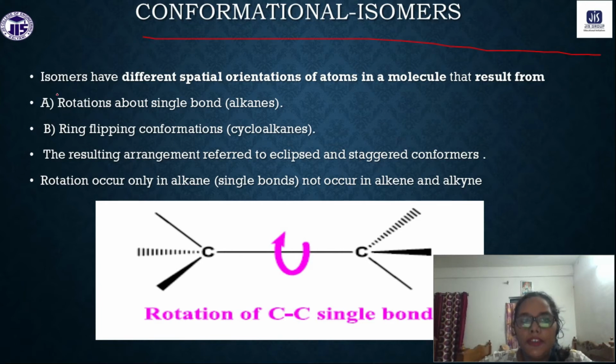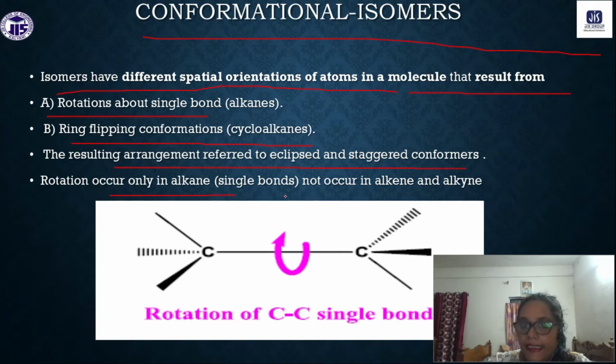Conformational isomers generally have different spatial orientations of atoms in a molecule that result from rotation about the single bond, or ring flipping conformation, like in cycloalkanes. The resulting arrangements are referred to as eclipsed or staggered conformations. Rotation occurs only in alkanes, not in alkenes or alkynes.